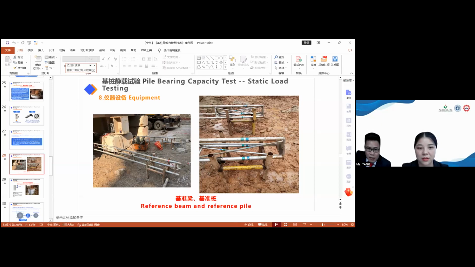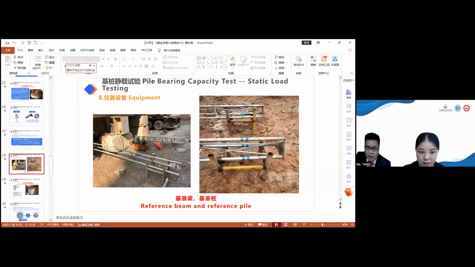They should have sufficient stiffness without too much deformation. So some measures need to be taken to protect them from the sunshine and wind.